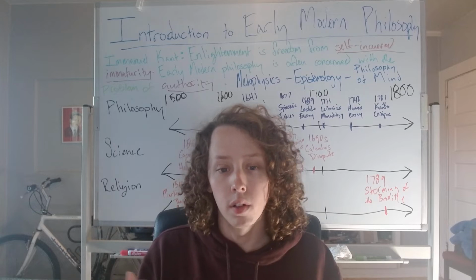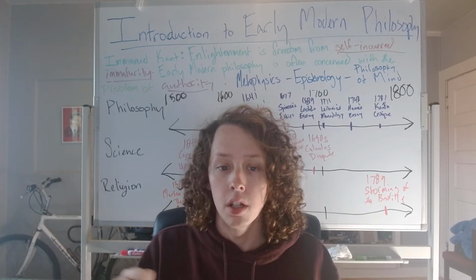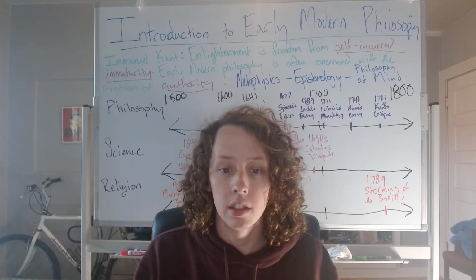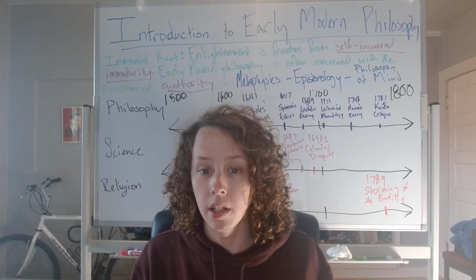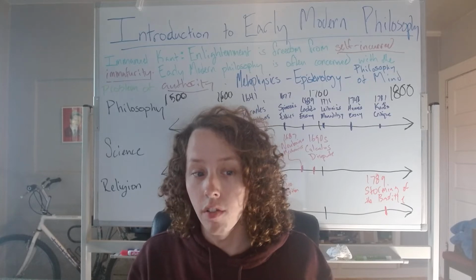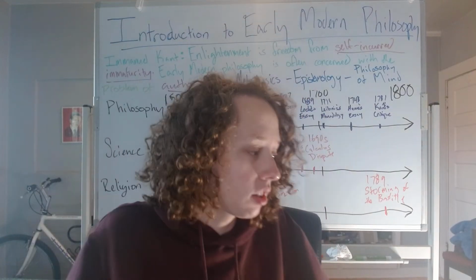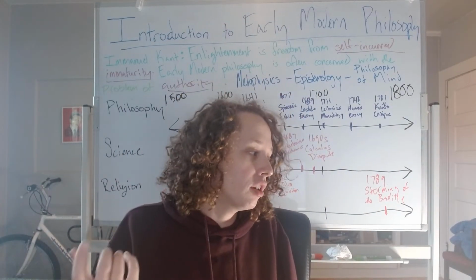The first is that there's a clear relationship between the project of the Enlightenment and freedom, right? Specifically, enlightenment is freedom from self-incurred immaturity, right? And so that raises the question, what does Kant mean by immaturity?